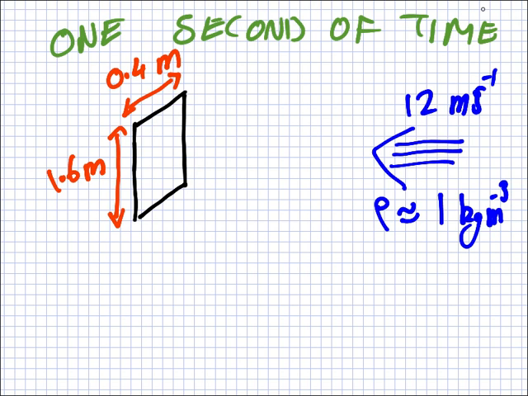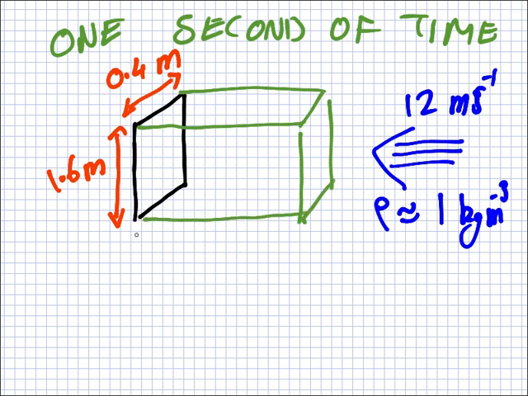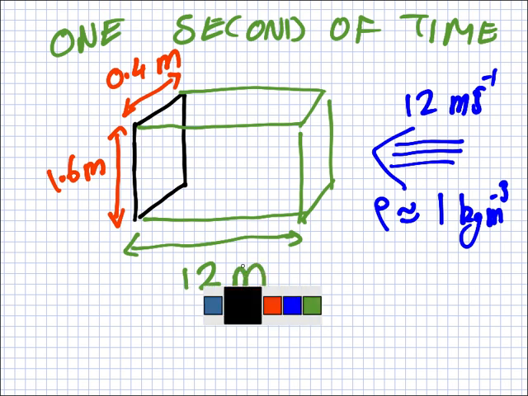If you're only looking at 1 second, all you really care about is what distance here. You only really care about what's in front of the student, a distance of 1 second, which in meters is 12 meters. Because the wind that's further back will have no effect on the student yet.